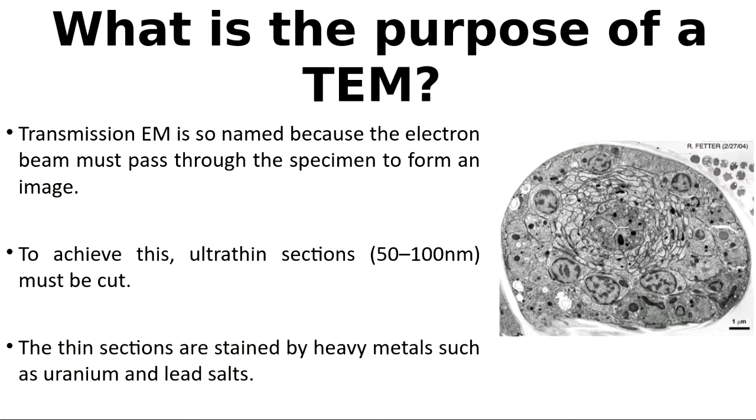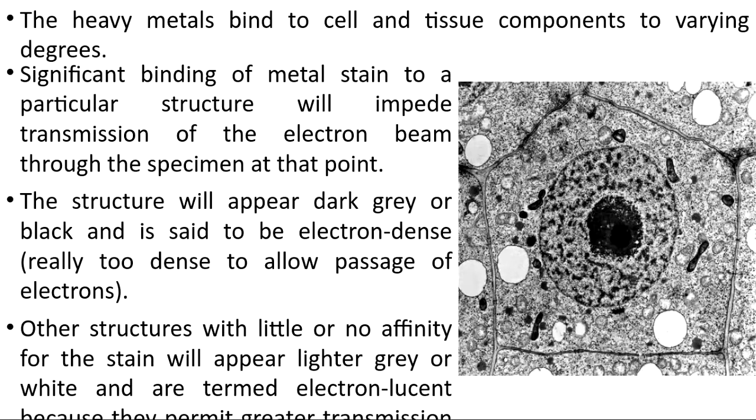The thin sections are stained by heavy metals such as uranium and lead salts. So the thin sections you cut are stained with heavy metals such as uranium and lead salts, and then when the beam passes through, only then it will produce the image. So this is transmission, means it has to transmit. The heavy metals bind to cell and tissue components to varying degrees.